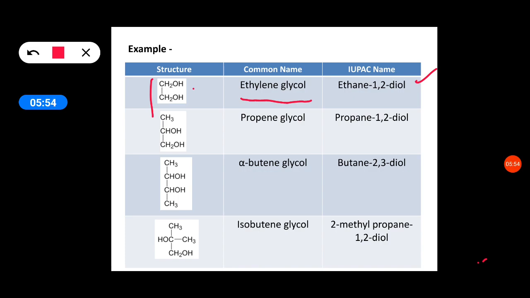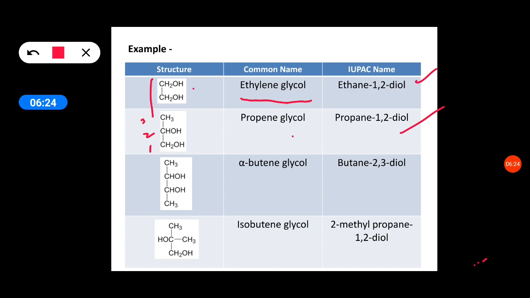In this glycol, 3 carbons are there, so it is propene glycol. In the IUPAC name, propane 1,2-diol. So this is first carbon, second carbon and third carbon. The carbon bearing OH group is given lowest number. Therefore, first and second carbon numbers are given, which bear the OH group.